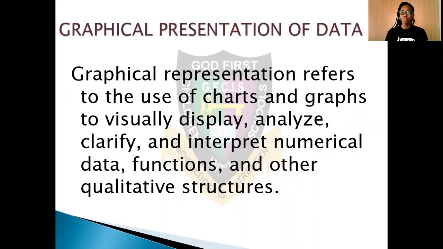Let me say that again. Graphical representation refers to the use of charts and graphs to visualize, display, analyze, clarify, and interpret numerical data, functions, and other qualitative structure. This is a way of visualizing, clarifying, and interpreting data in a graphical way.